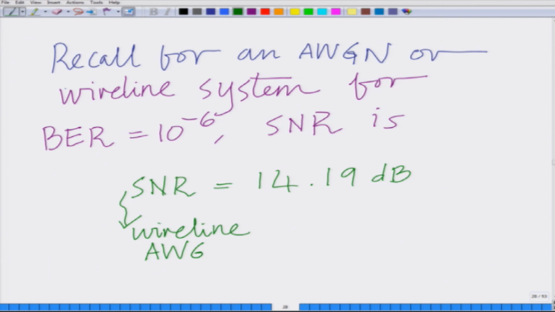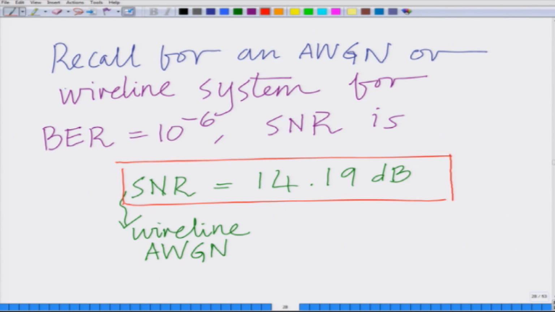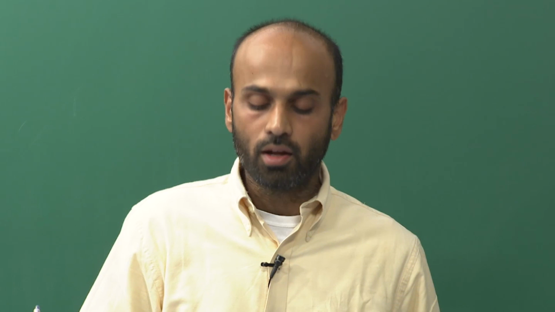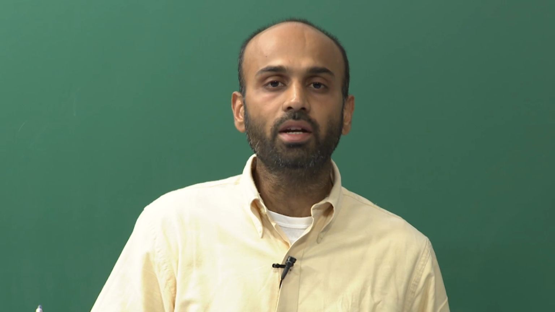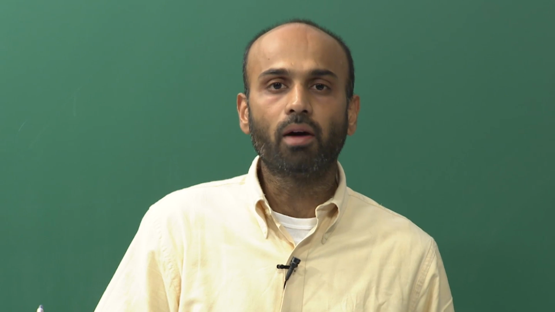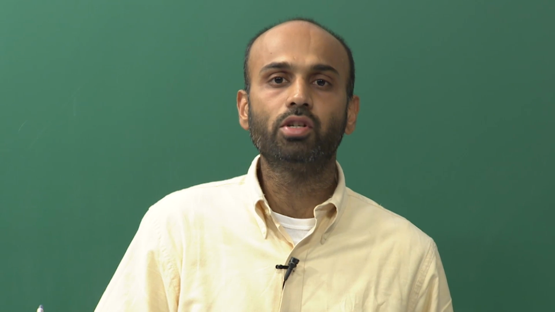That is, for a conventional wireline channel, not a wireless system, which can be modeled as a simple AWGN channel, we saw that the SNR required to achieve bit error rate of 10 power minus 6 is 14.19 dB.